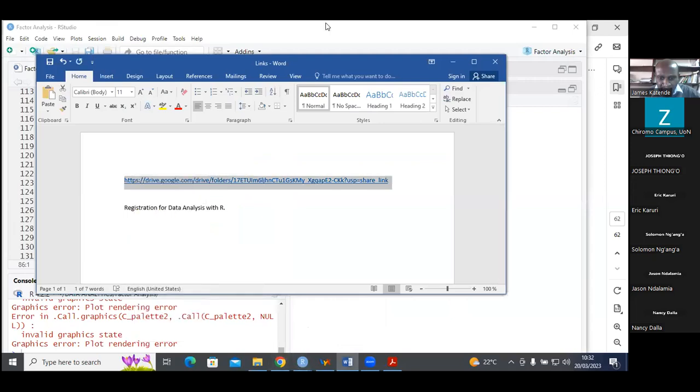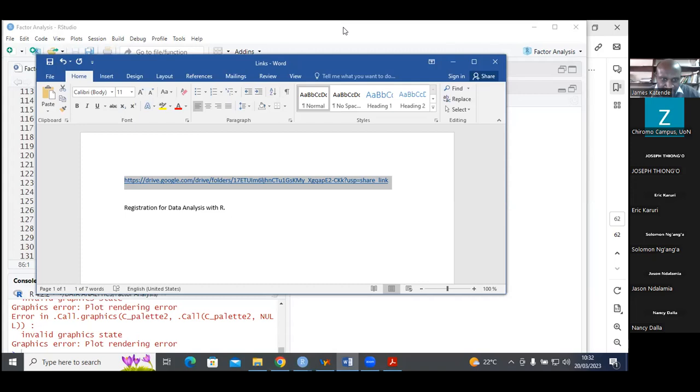If you wish, you can download the R script. And if you're able to run it, that would be great. But you can also run it later in your own time. So I don't know if you can see the R on your screen. Yes, you can. You can see it, yes.